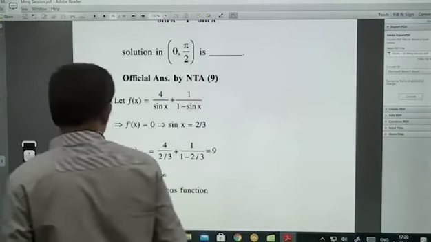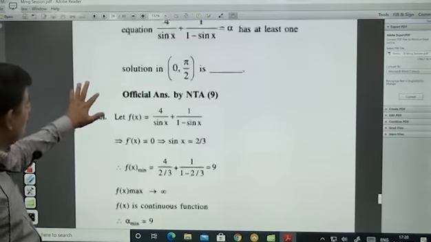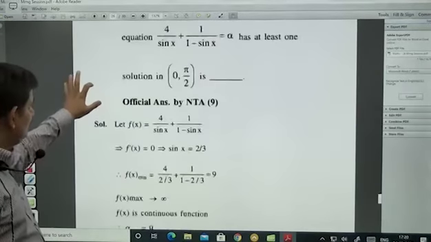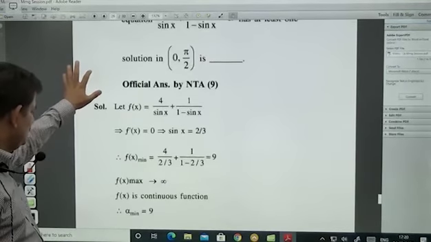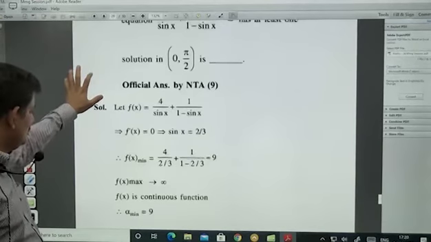See, f dash x is equal to 0, sin x is equal to 2 by 3. Minimum value we cannot say. F of x maximum is infinity. Of course, it is infinity. F of x is a continuous function. So, minima is 9.